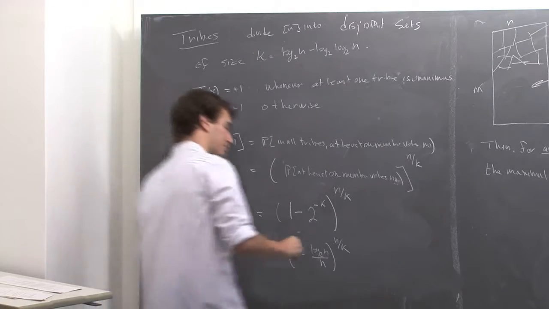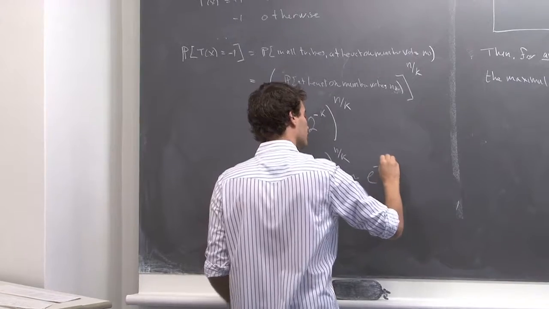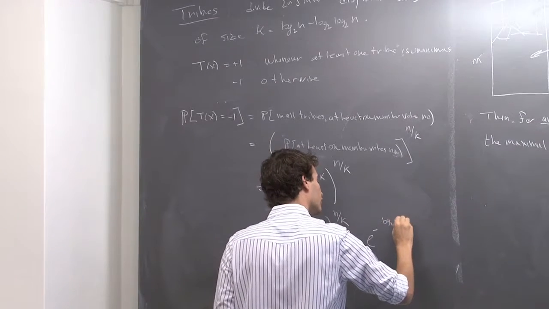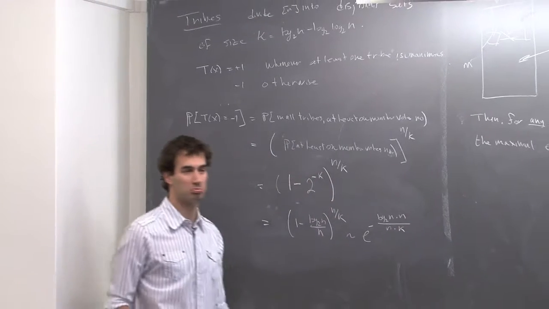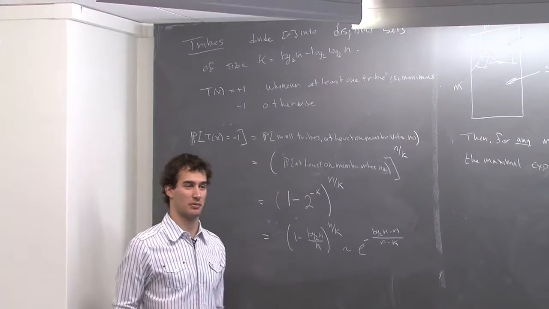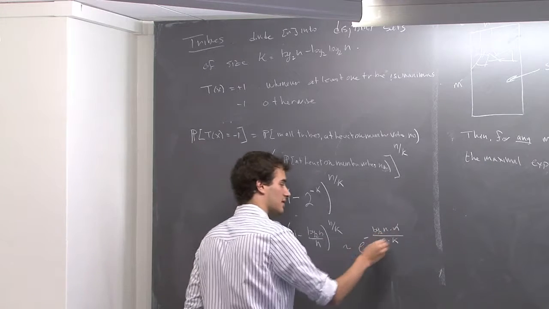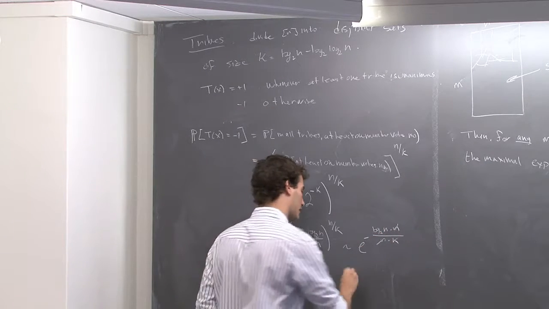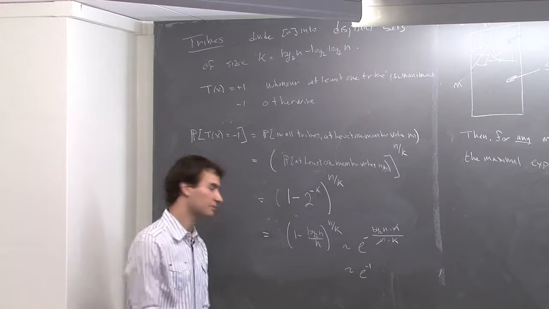By definition, because 1 minus x is approximately e to the minus x when x is very small. Cancel, cancel, these cancel perfectly, and we're getting something that's e to the minus 1, plus lower order.